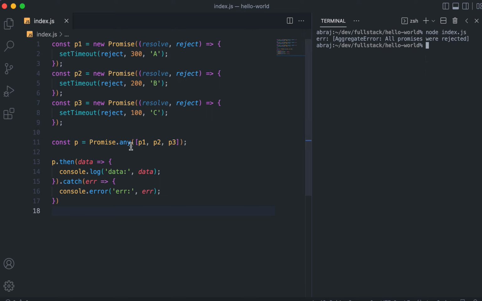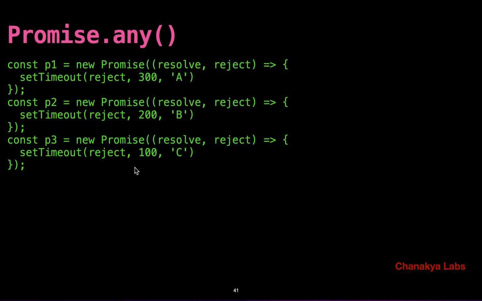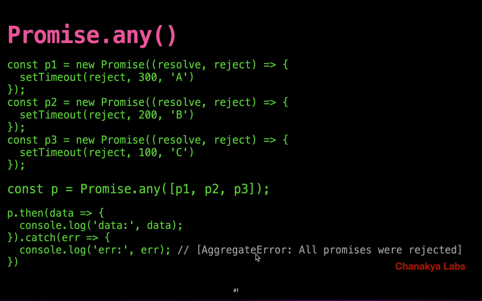You are using Promise.any, so please ensure that at least one of them is resolving. If all of them are rejecting, the final promise will throw an error, and that's why you can see that it is going into catch. This error is being printed with the message that all promises are rejected. So if everything is rejected, then I get AggregateError.